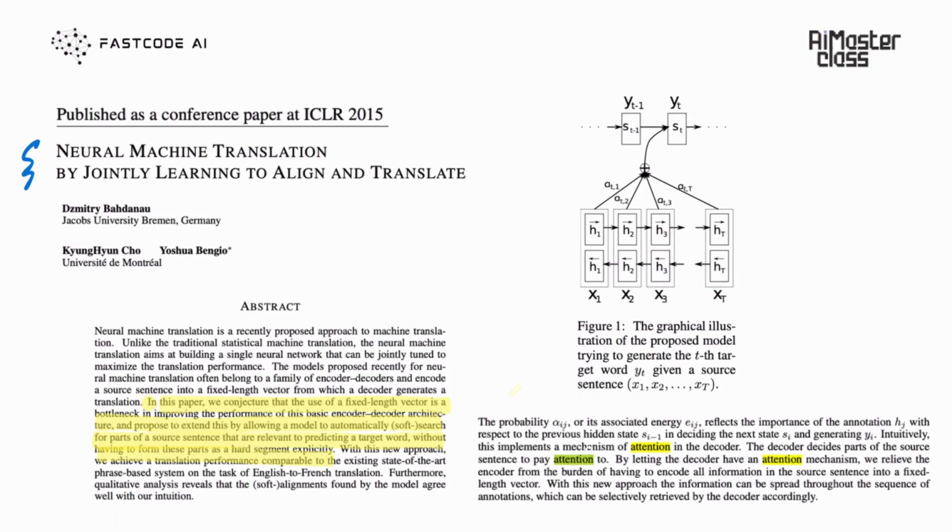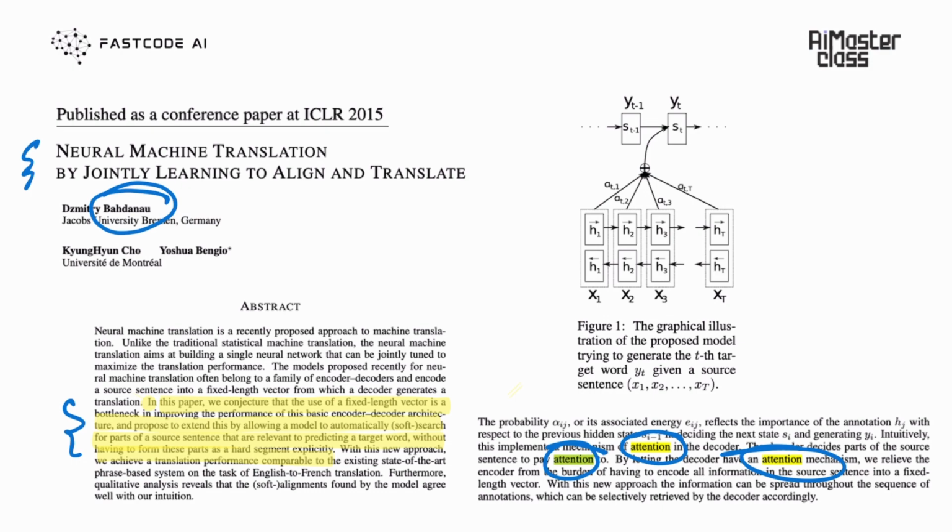This was the first paper that used this word attention, and it is from Bengio's group. If you read this part, it says: in this paper, we conjecture that the use of a fixed length vector is a bottleneck in improving performance of this basic encoder-decoder architecture.